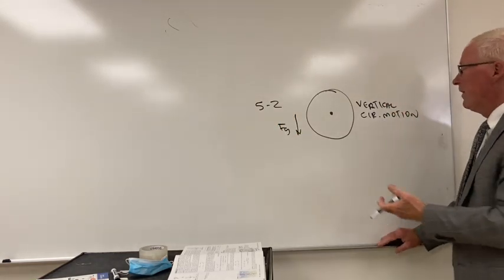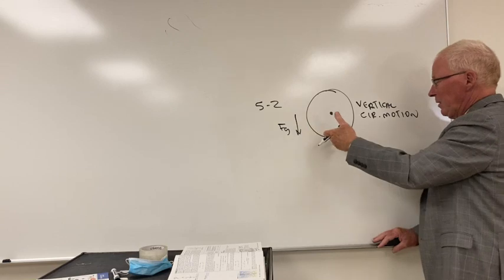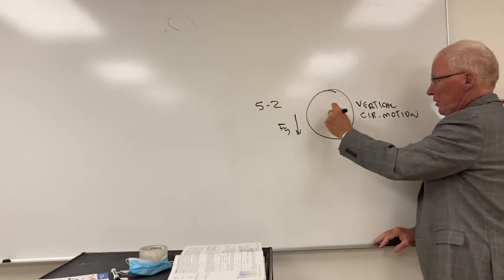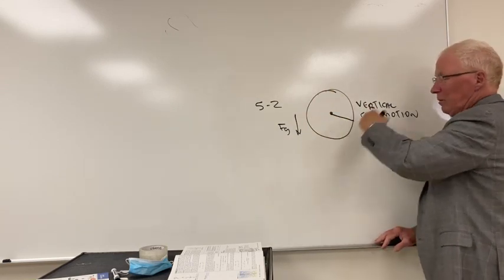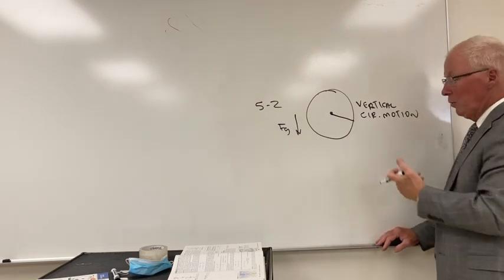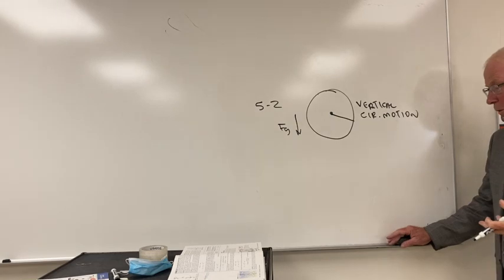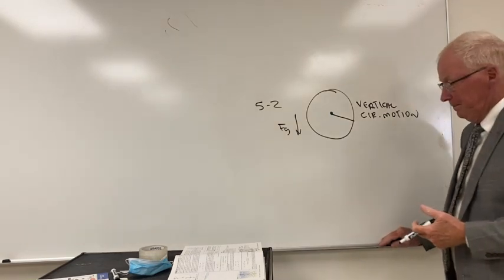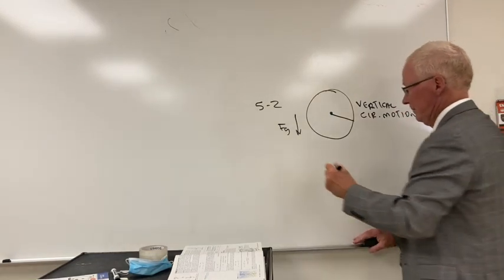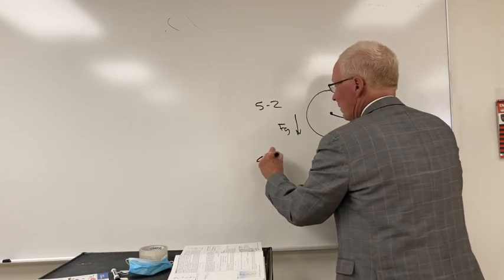So how does that vary whether you're at the top or at the bottom, on a roller coaster or pulling on a string, and how far that goes? So that's section 5.2. I did some examples of that before.